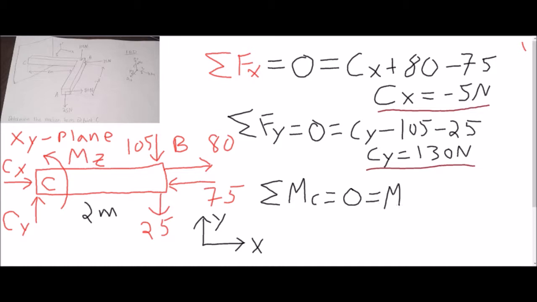So we have Mz. And then if you look, imagine the bar being pushed down, it's going to go clockwise. So we are going to have minus, and they're both acting at the same point at 2 meters. So it's going to be 105 plus 25. Sorry, that's a 25.